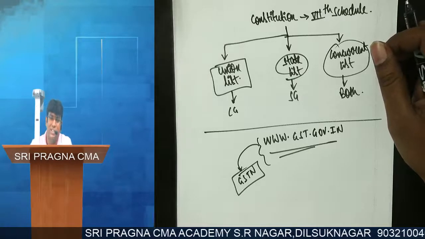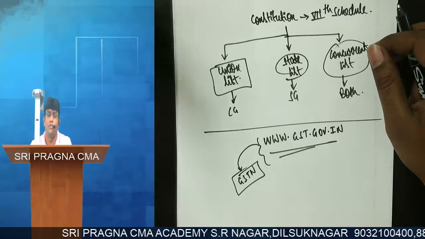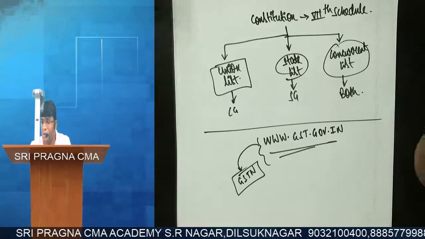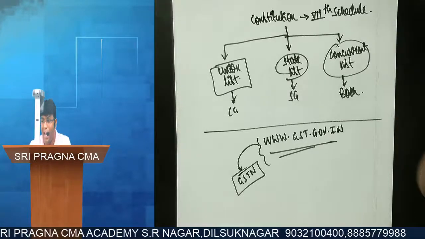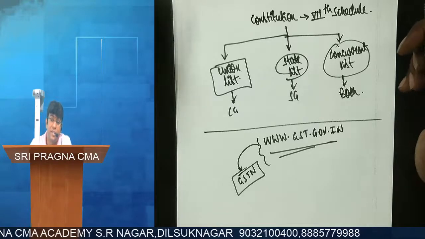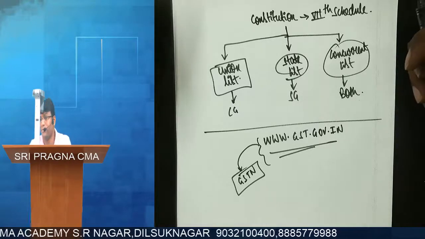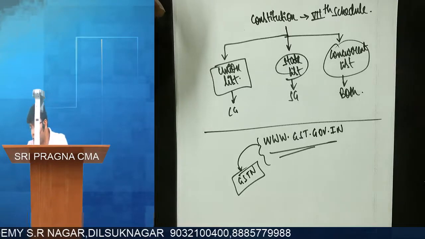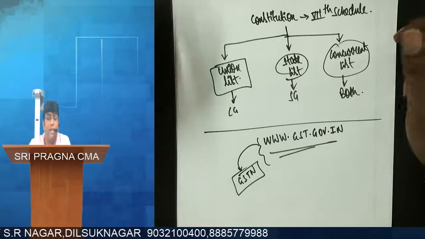There are crores and crores of taxpayers across the country. They all will file the return, pay the tax, and do matching. For that purpose, information technology support should be so high that everything can be tracked. They have set up this special purpose vehicle to track all the data.